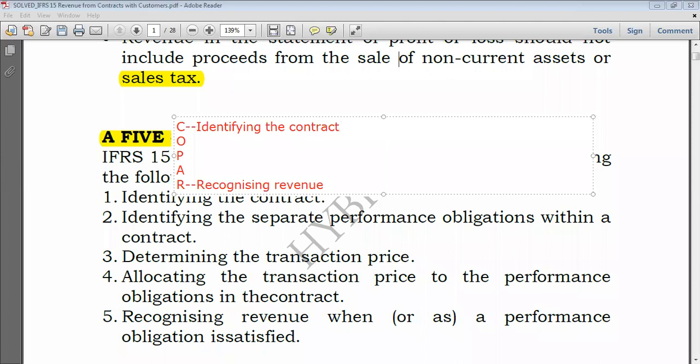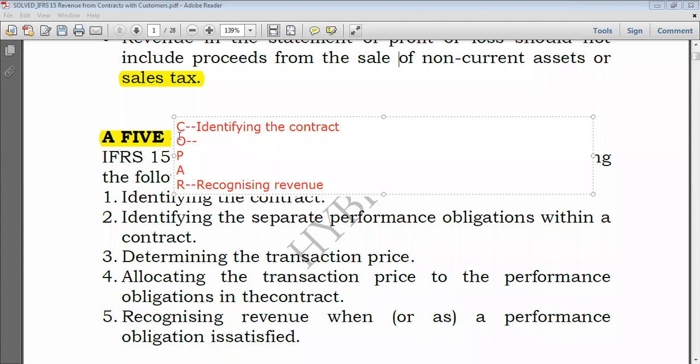Because if there isn't a contract, then you are actually not entitled to receiving anything. So you cannot start thinking of recognizing revenue while you don't even have a contract. That's why you say identifying the contract. Actually, we'll see one step at a time in detail and look at the questions. But first of all, you have to get the full overview of what we're going to take a look at.